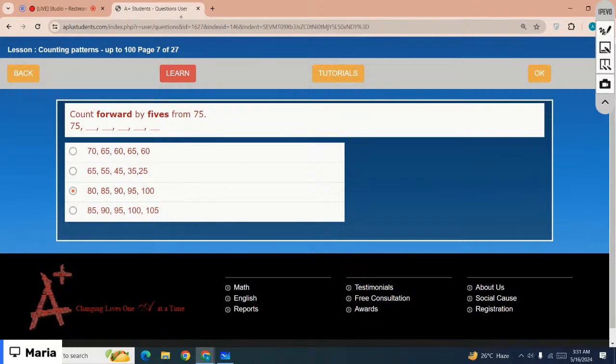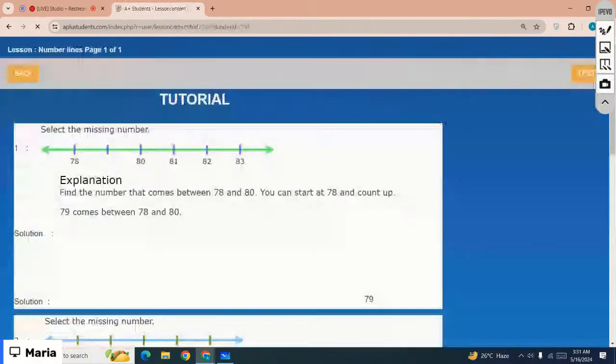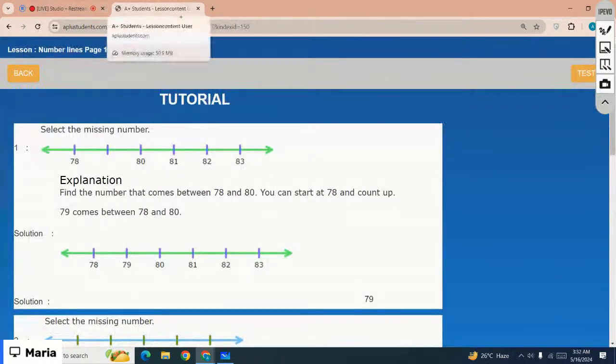Okay, let's just move on to the next lesson. And the next lesson is number lines. So number lines is another way to represent the number. Select the missing number. So you can represent the numbers on the number lines also. So you have to find the missing number, right?